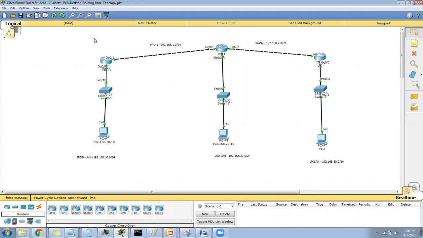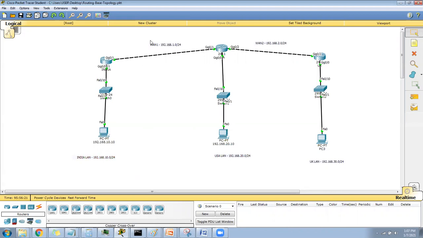Static routing. Routing means, we have five networks here. First, always calculate how many networks you have. In this diagram I have one, two, three, four and five networks. Each router should have five networks in its routing table, then only will routing be possible.